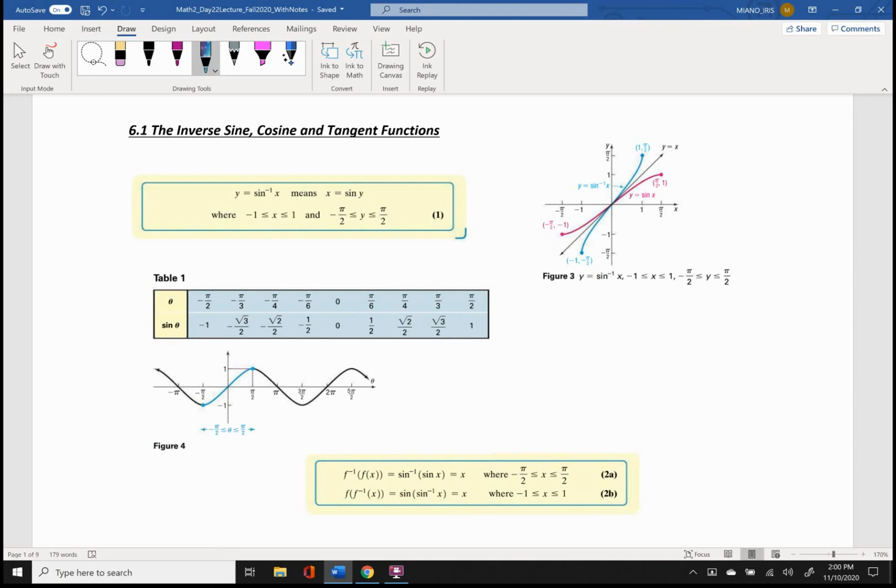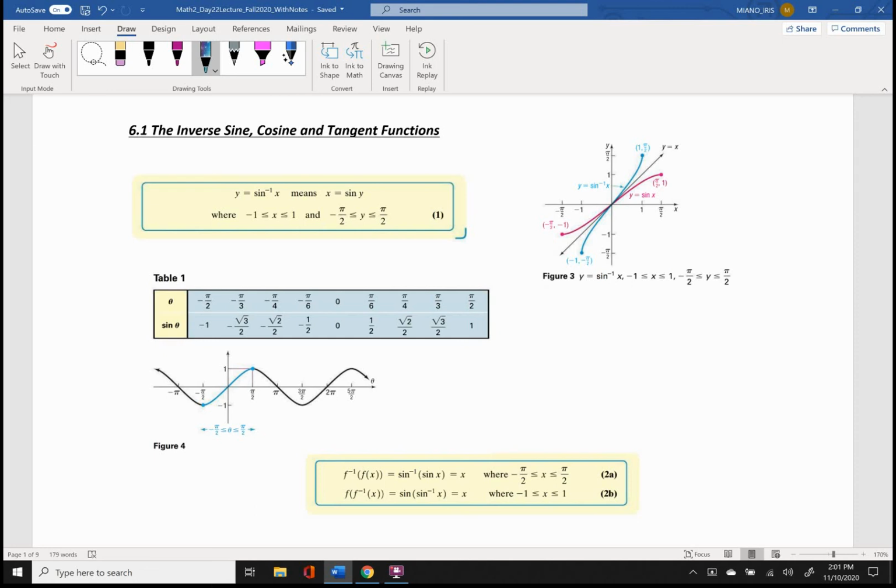Okay, cool. And yeah, the sine function itself has to also be restricted in regard to its corresponding inverse part. So as you can see in figure 4 right here, this blue part right here, that is the confines of the sine function that we take into account in illustrating the inverse, okay?